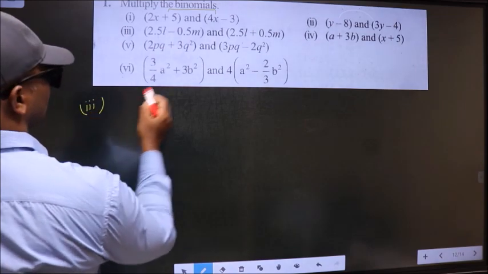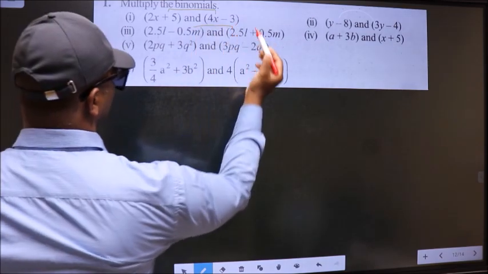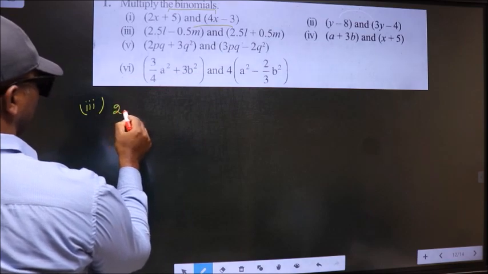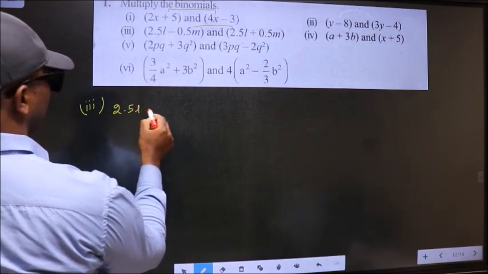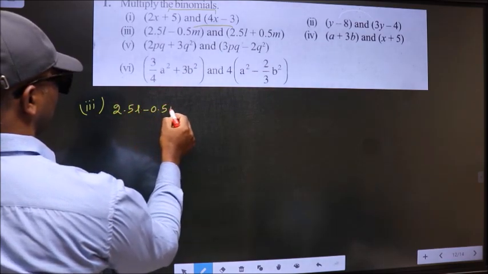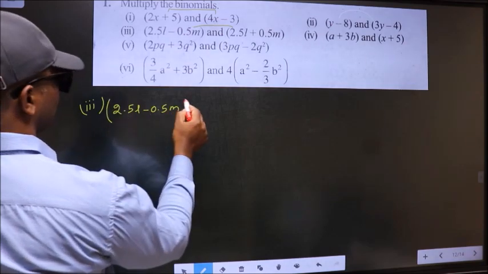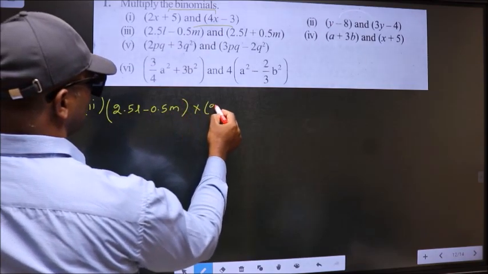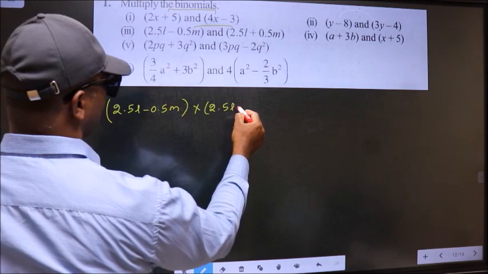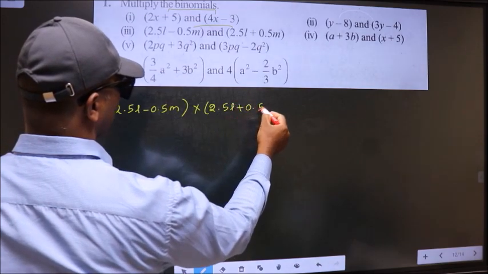we should multiply these two, that is 2.5L minus 0.5M into 2.5L plus 0.5M.